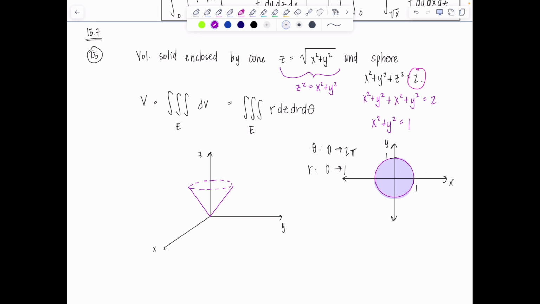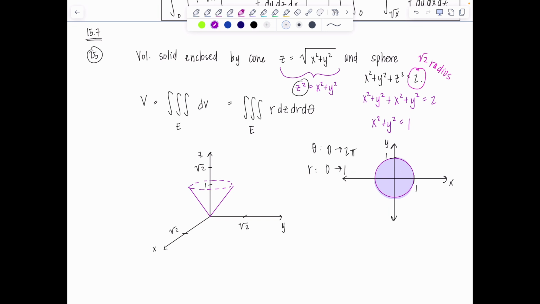Right, so rad 2, which is approximately 1.4. Very good. Okay, so they intersect in the unit circle where x squared plus y squared is 1 and x squared plus y squared is z squared. So it happens when z is 1. The radius of the sphere, though, is like 1.4, rad 2. So I'm going to say this is rad 2.